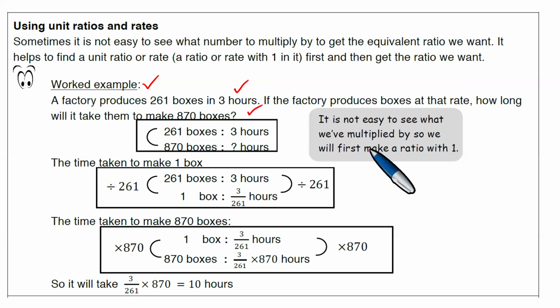It is not easy to see what we've multiplied by, so we'll first make a ratio with a 1. The factory produces 261 boxes in 3 hours, so 261 boxes are to 3 hours. How long will it take them to make 870 boxes? We need the time.